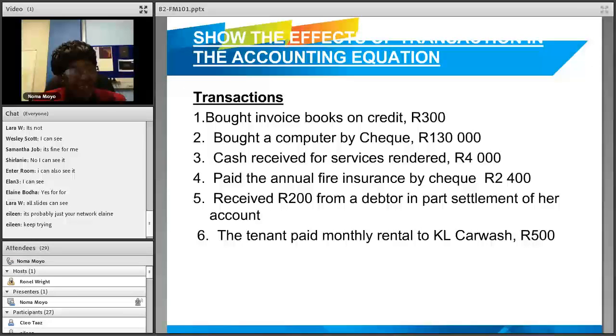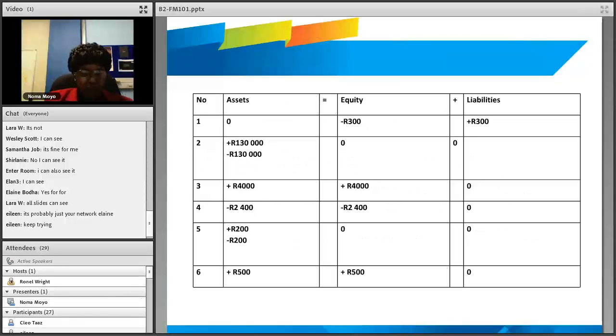And again, remember, money at the bank is an asset, debtors are assets. And another asset called debtors will go down. You see, the effect is on assets. One asset goes up, which is money at the bank. The other asset goes down, which is the debtor, because he has now paid what he owes the business.